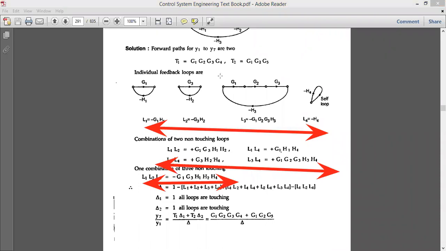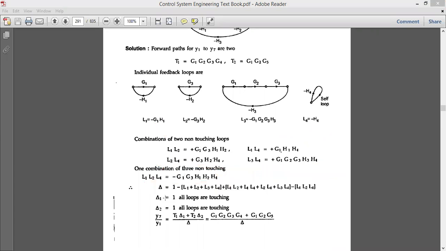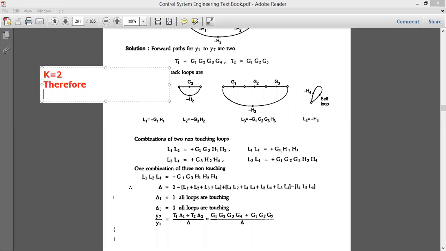Once you obtain the value of delta, find the values of delta 1 and delta 2. How do you know? Because K is equal to 2, you should take 2 deltas, that is delta 1 and delta 2.